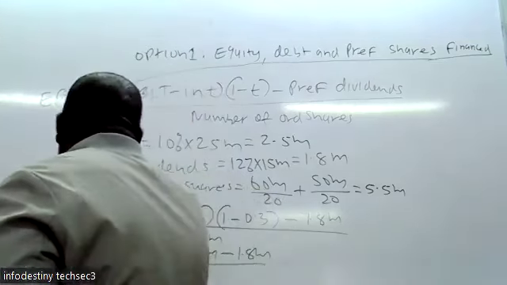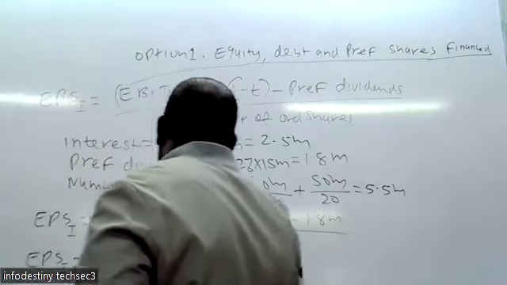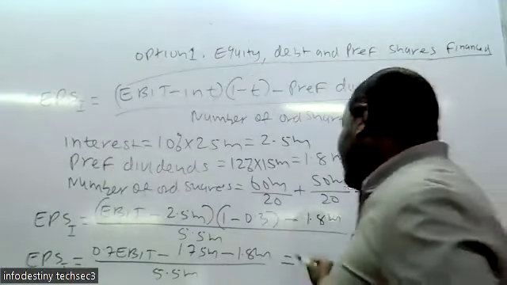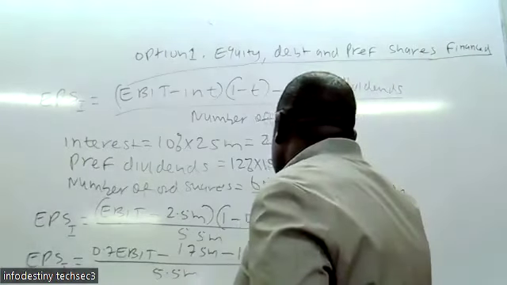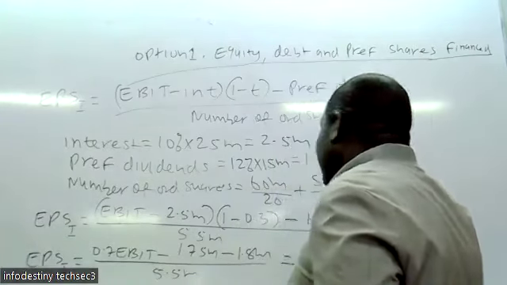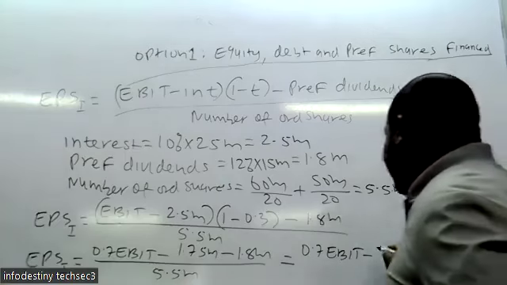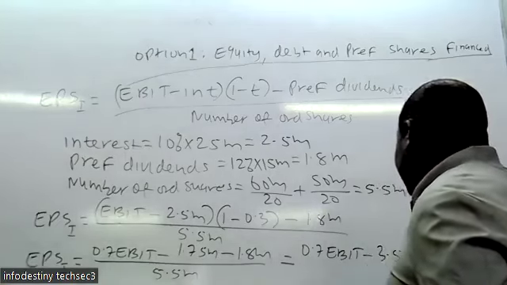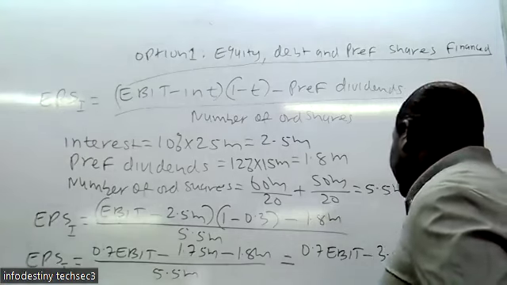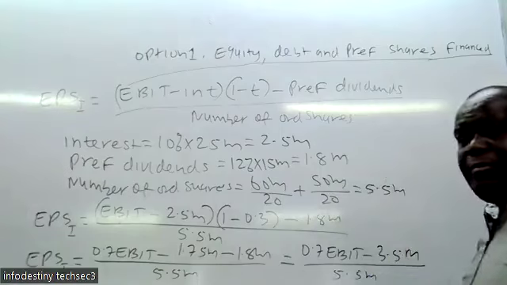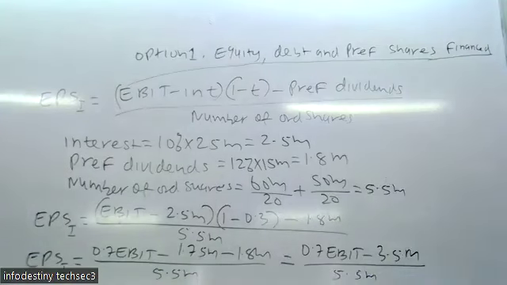So we still have to simplify it further. It will be 0.7 earnings before interest and tax, minus 1.75 minus 1.8, which gives minus 3.5. So this is now our equation for option 1.